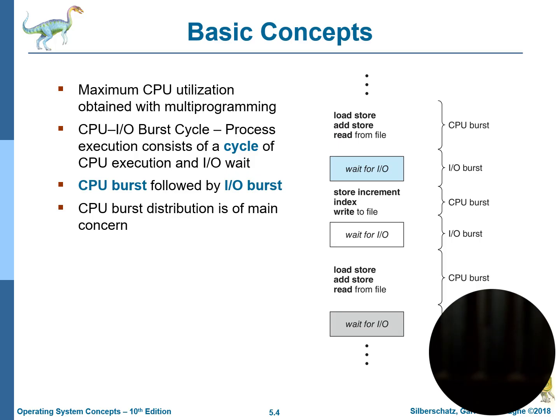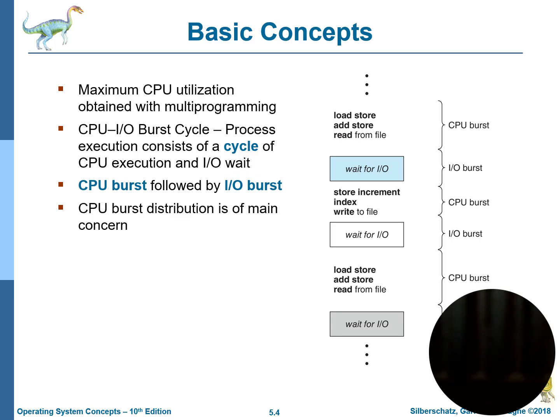So usually most processes do not need the processor all their time. Rather, they need the processor during the CPU burst. During the input output burst, they may not need the CPU. So what does that mean? It means during that time, the CPU can be used by other processes.